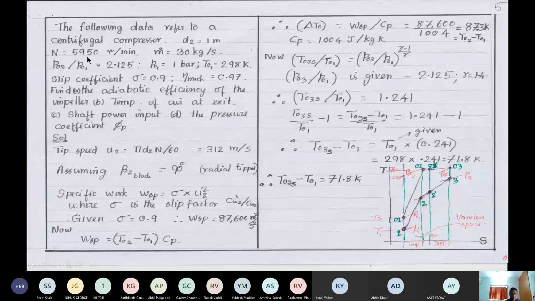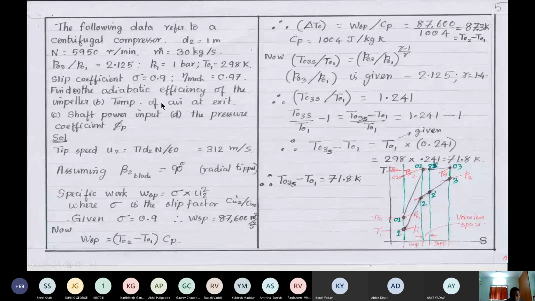Sometimes it will be specifically mentioned as radial tipped. It is for strength considerations that you keep the angle 90 degrees. In such a case, the specific work W_sp can be written as sigma into U2 square, where sigma is the slip factor, 0.9 or some value. In this case, it's given as 0.9.